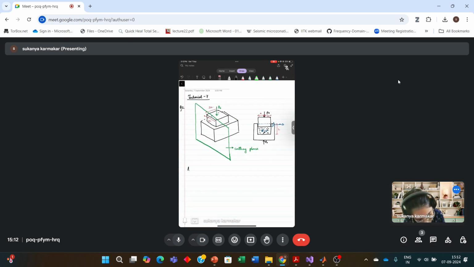So there is an elastic material with modulus of elasticity E and Poisson's ratio nu.